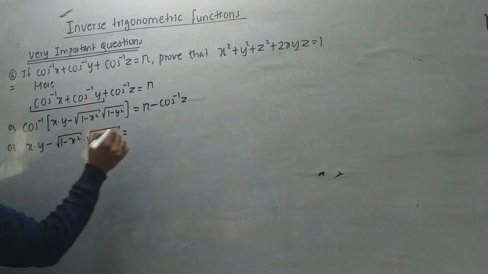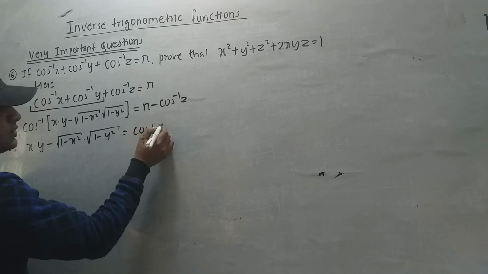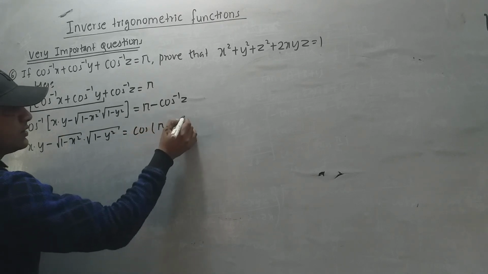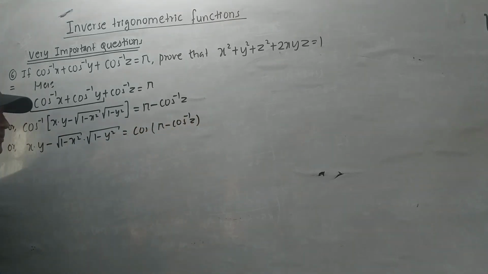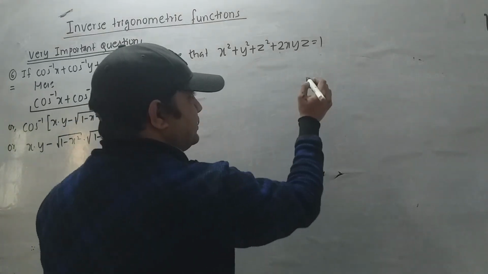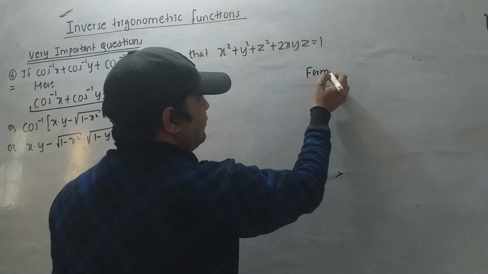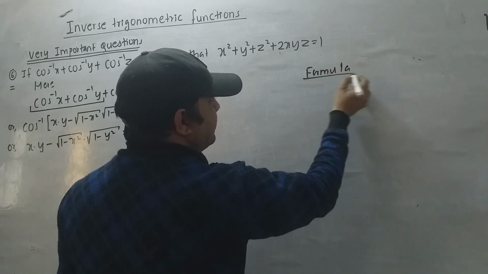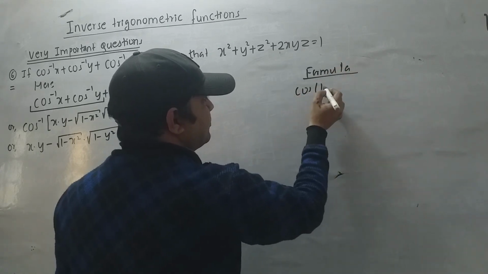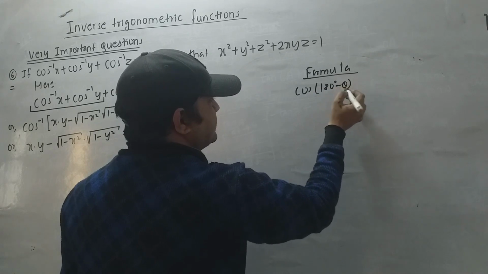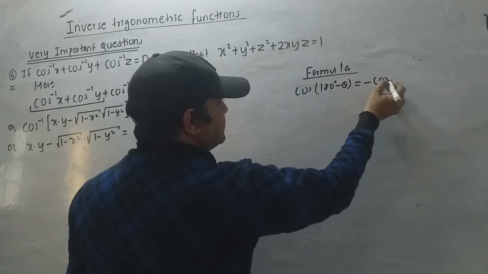Now, cos inverse you can write here as cos of pi minus cos inverse z. After that, one formula you have to know here: cos 180 degree minus theta will be minus cos theta.